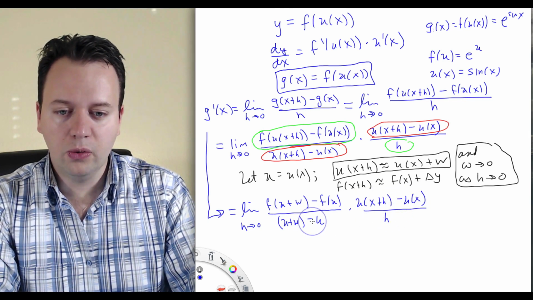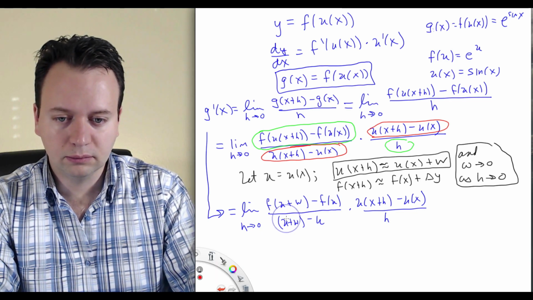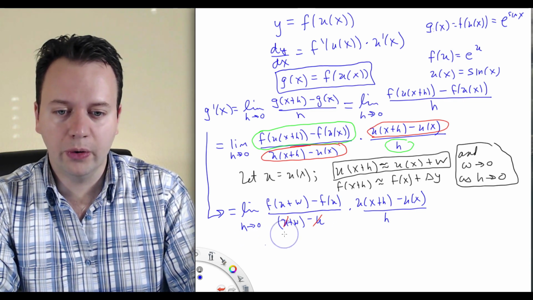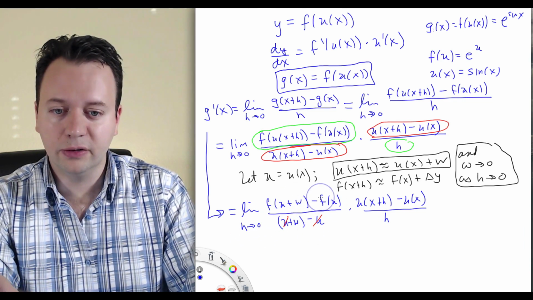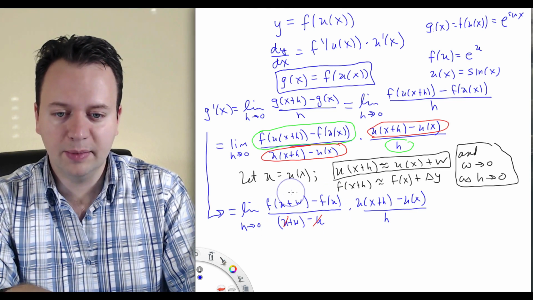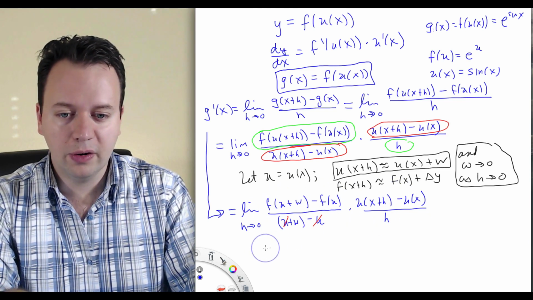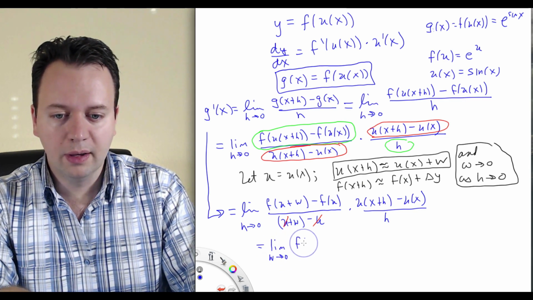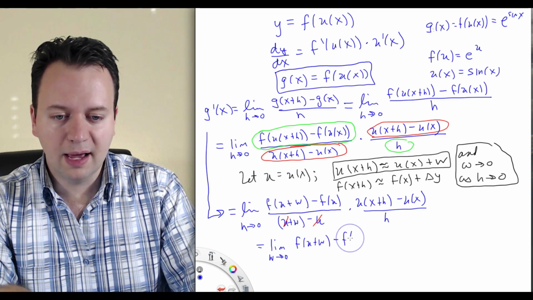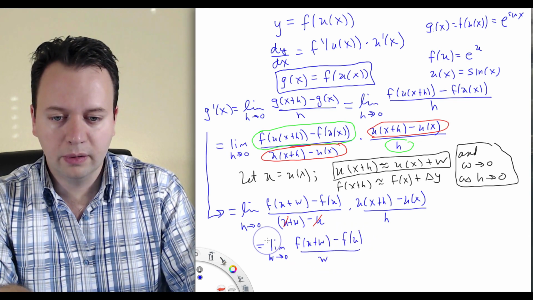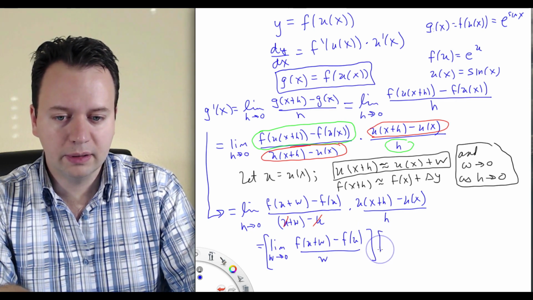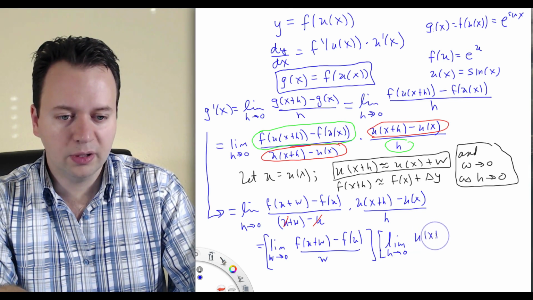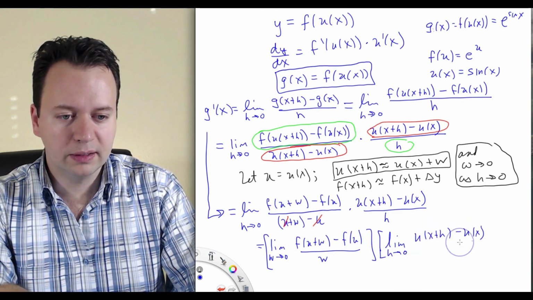And notice that the u subtracts off here. Since w goes to 0 as h goes to 0, assuming that both of these limits exist, then we can write it as the product of the two. So we have the limit as w goes to 0 of f of u plus w minus f of u over w, and then times the limit as h goes to 0 of u of x plus h minus u of x over h.